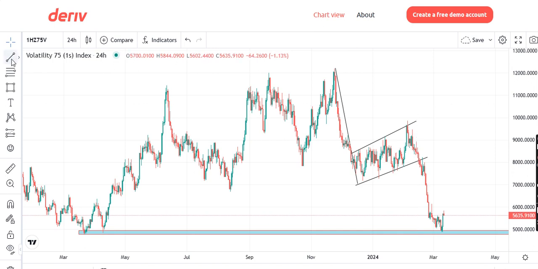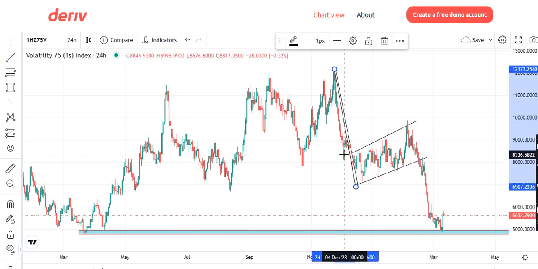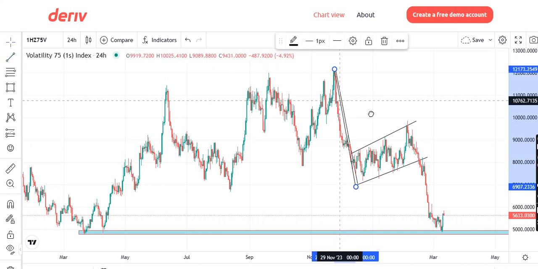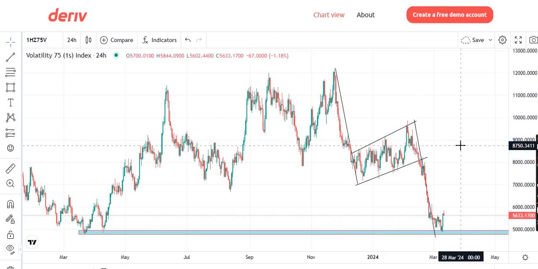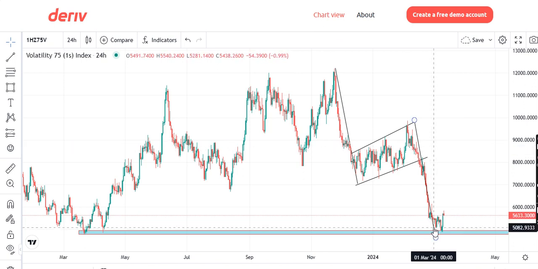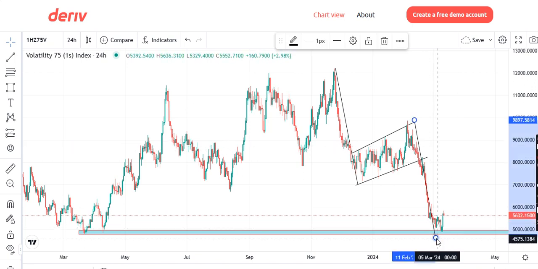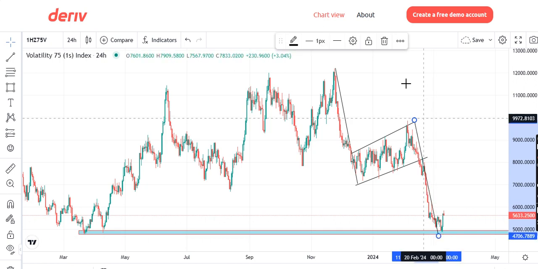So if you can check, guys, the same move right here is the same move that went all the way down. You understand what I'm saying? This is how you can trade patterns. If ever you want to be a pattern trader, this is what you can do.